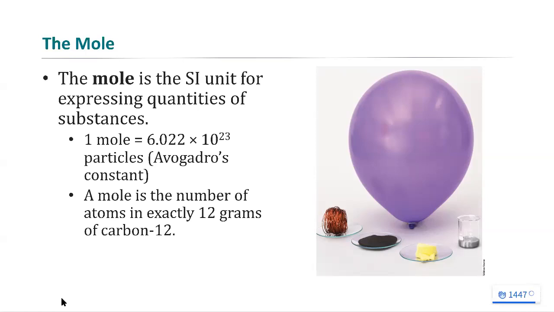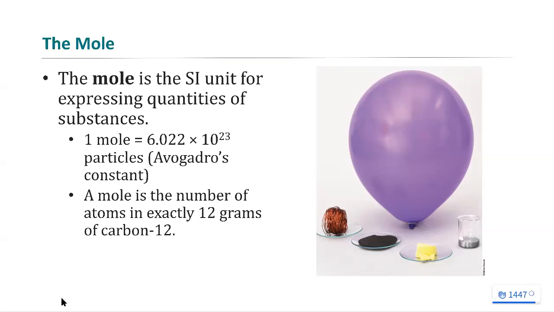We're talking literally millions of millions of millions to get to the quantity of a mole. What's useful for us, though, yes, the particle relationship is important, but in terms of what we can use in the lab, this is what really helps us.